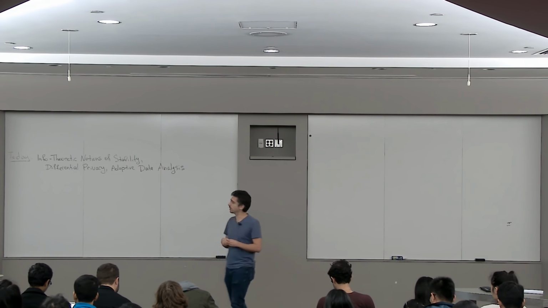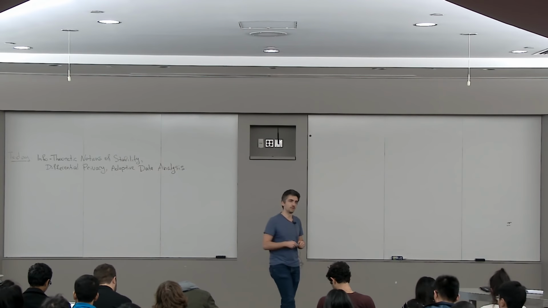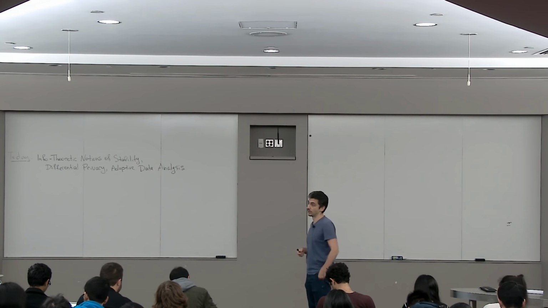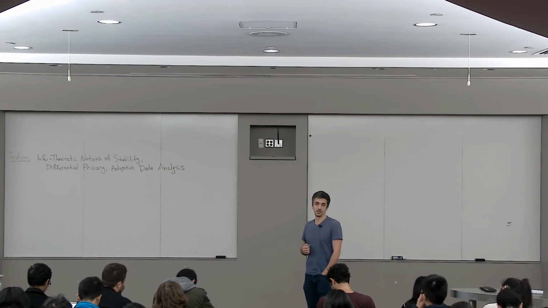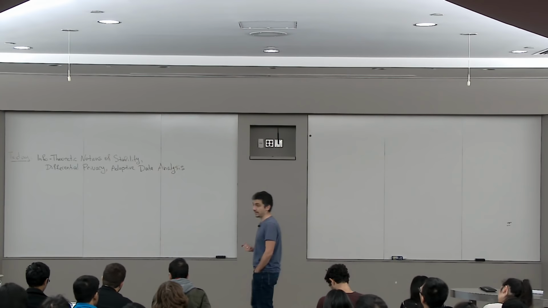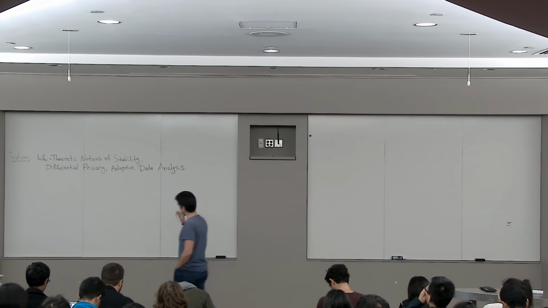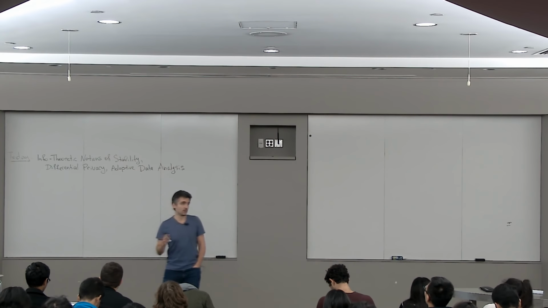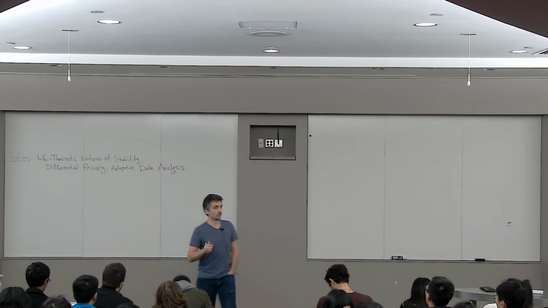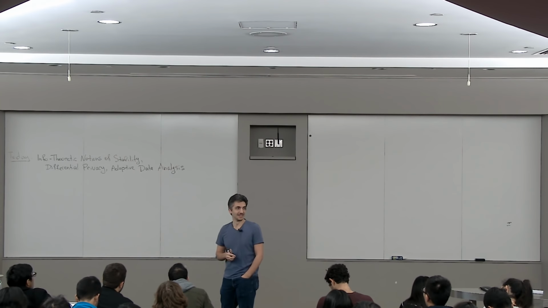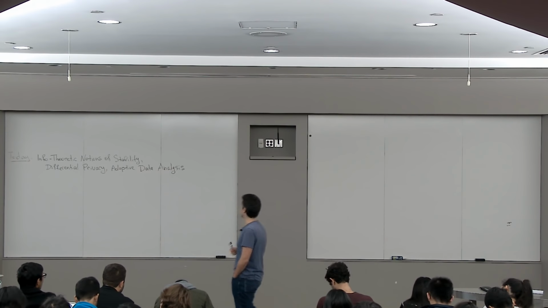The topic today is, in fact, broader than just generalization bounds. It connects to a variety of different subjects, such as differential privacy and adaptive data analysis. Some of you in the audience might be more familiar with differential privacy than I am, so please stop me if you feel that I'm saying something wrong.